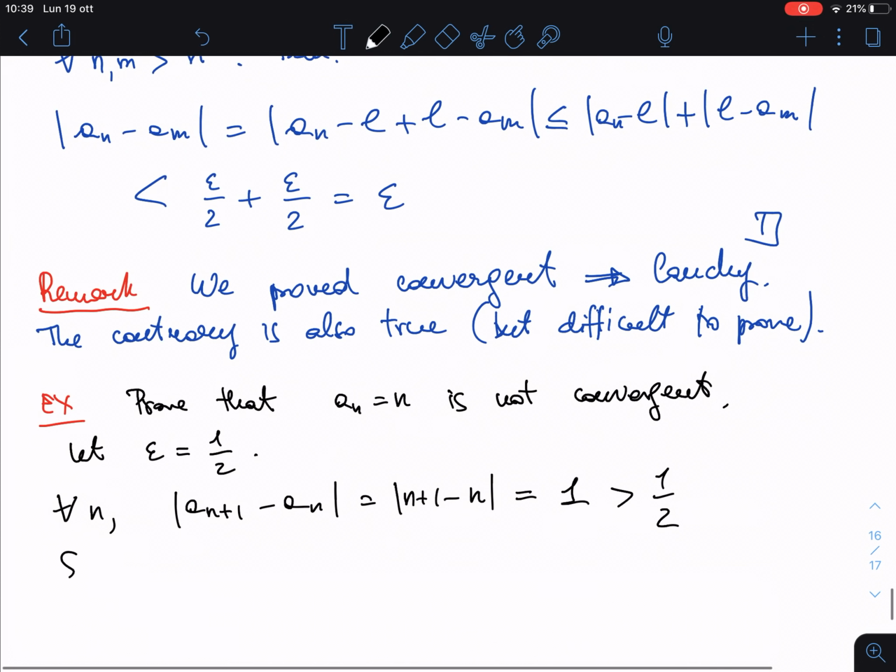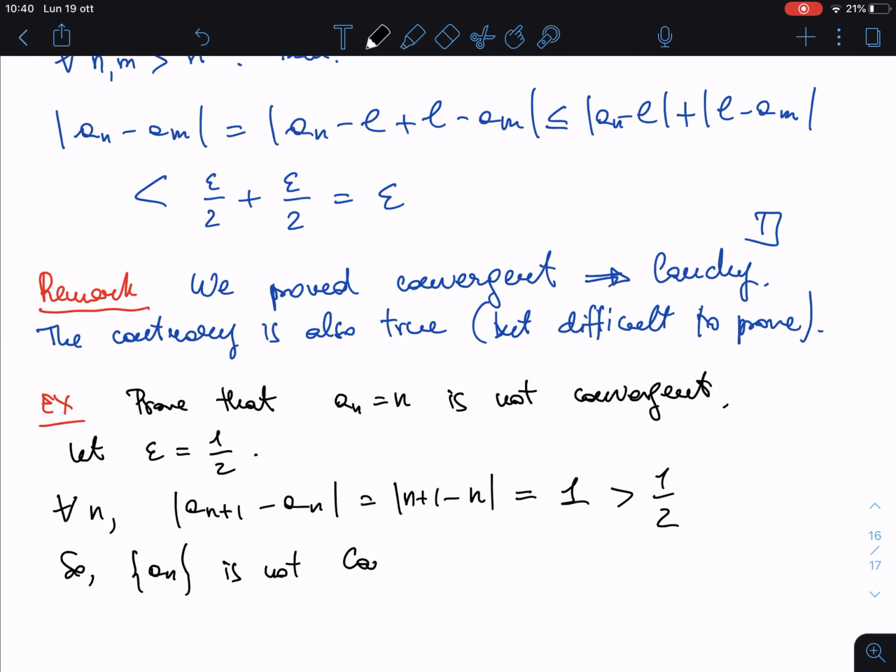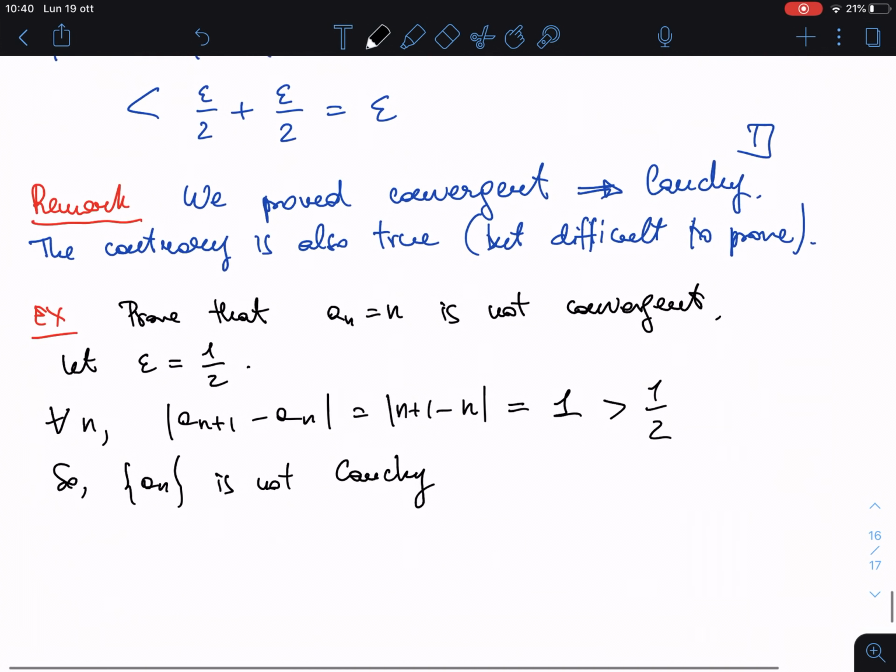So a_n is not Cauchy, and then not convergent.